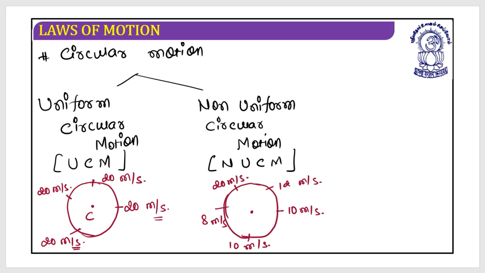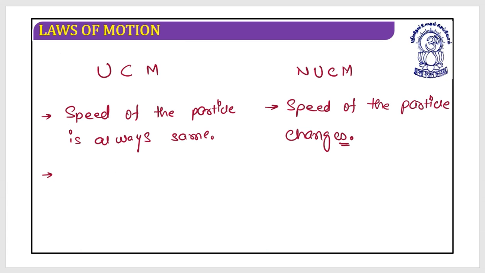Yes, I must say that the velocity of a particle changes. Why? Because direction changes. Now when I say velocity, I must understand that velocity is a vector.